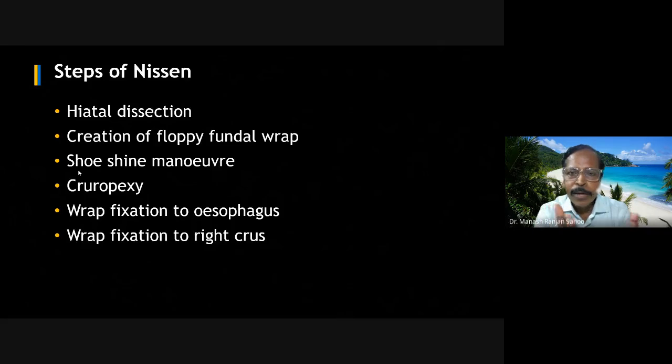Then the cruropexy. Cruropexy is extremely important. You have to approximate the crura. But while doing so, a surgeon needs to be extremely conscious that the cruropexy should never be too tight. How do I know that my cruropexy is not too tight? If I am able to pass or keep my needle holder, which is a 5 millimeter instrument, between the cruropexy and the esophagus very comfortably, that means it is not a tight cruropexy.